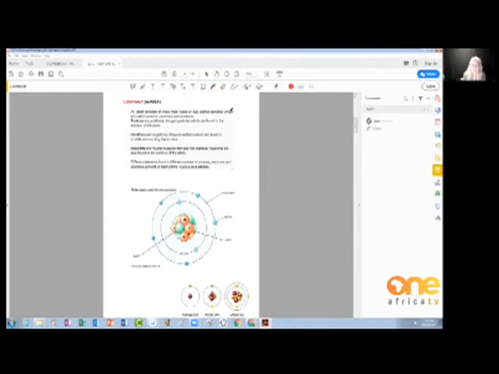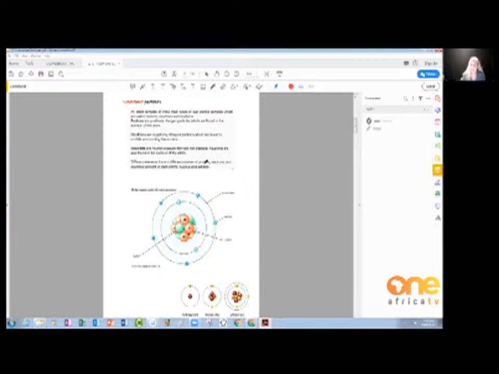I copied it straight from the video that appears in week 1 in the Cambridge Learn site, so that we are on the same wavelength and we work together with week 1 as it is in your course. So we see that it talks about the atom.